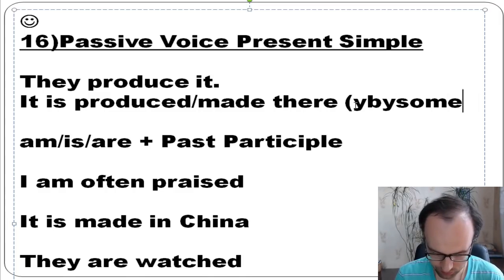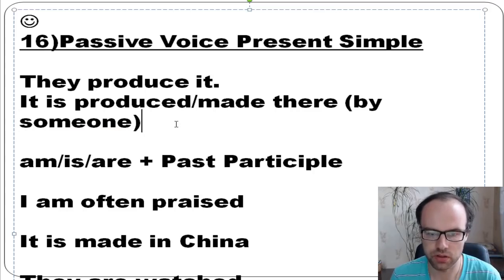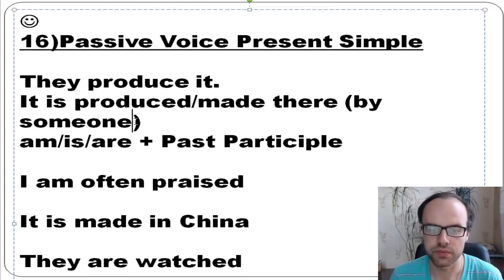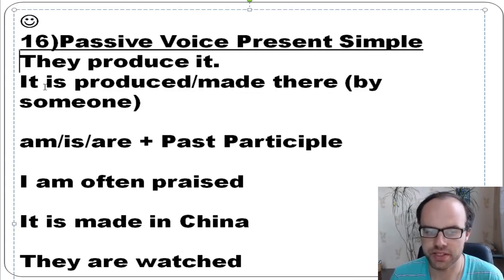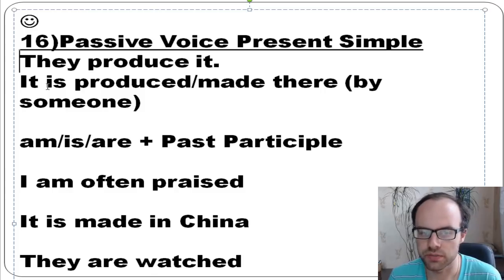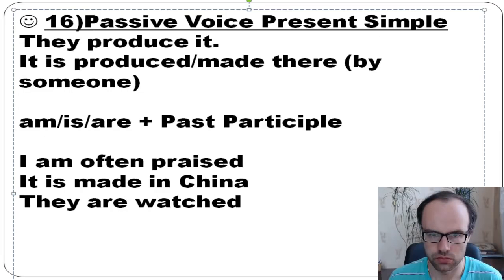Okay? By someone. So yeah, good. It is produced or it is made there by someone. So if it's by someone, you need to use passive voice. Let's write it down.